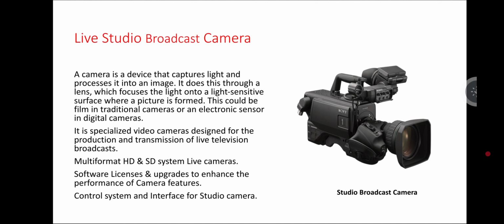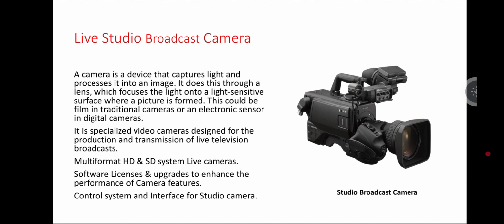Let's talk about the live studio broadcast camera. If you see right side, it's a studio broadcast camera and the make is Sony. It's a professional camera we call. A camera is a device that captures light and processes it into an image.